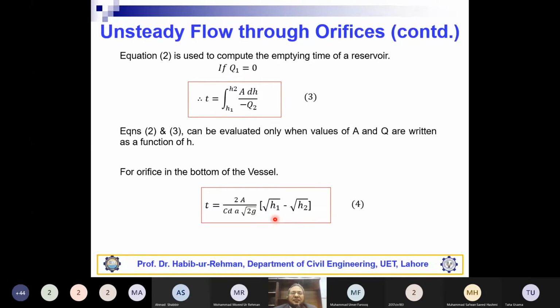And then you can compute the time required to lower the level of the reservoir when there is unsteady flow through the orifice.